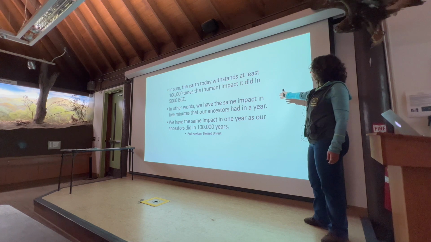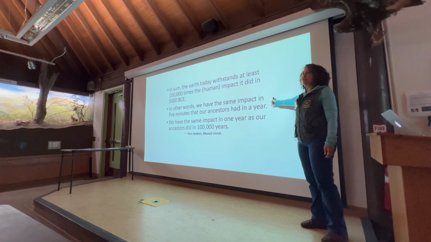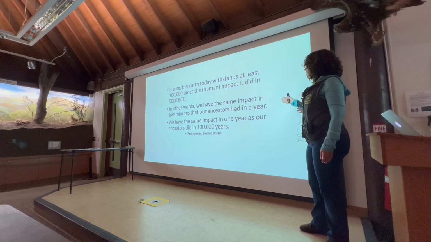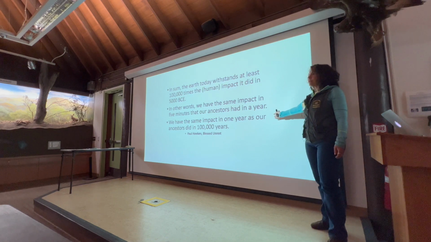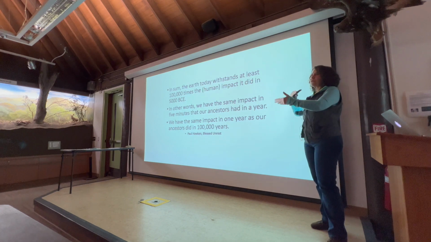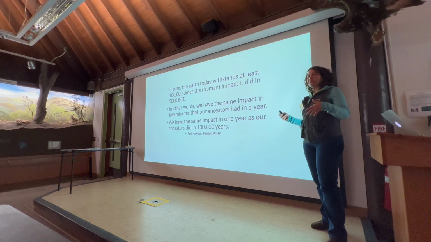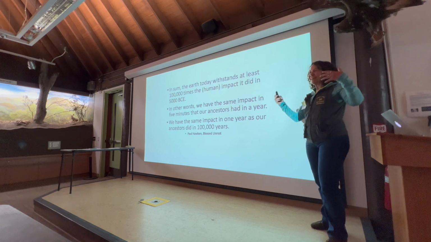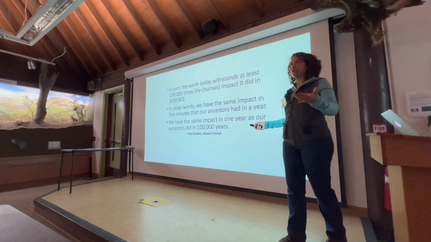That means the same impact in 5 minutes that people used to have in a year. And the same impact in a year as ancestors had in 100,000 years, right? That's just like flipping the ratios of all those things. But it makes you think that, as humans, you have an incredibly powerful effect in ecosystems.